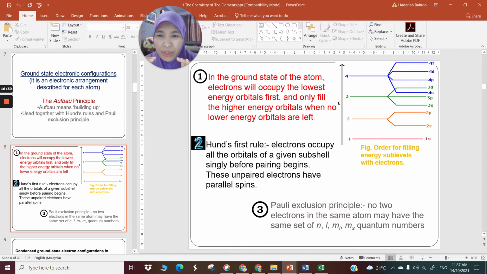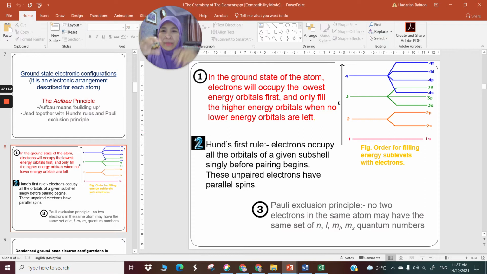When I say p block, that means the last electrons that go into that element to make that element have occupied a p orbital. And then the d block means the last electrons go to the d orbital. And for the f block, the actinides and the lanthanides, the last electrons go to the f orbital.